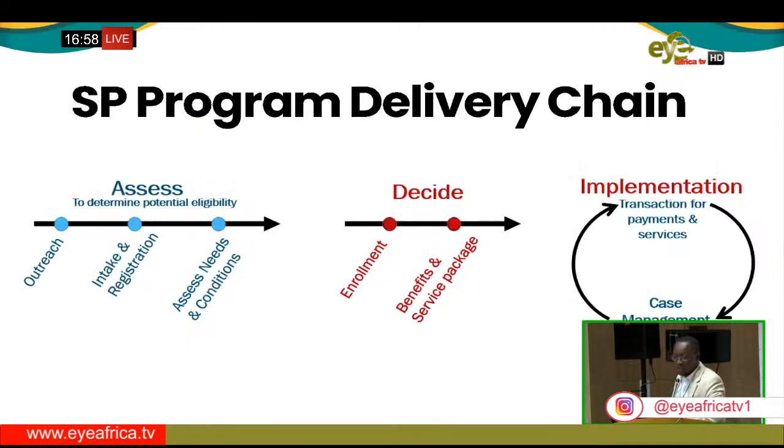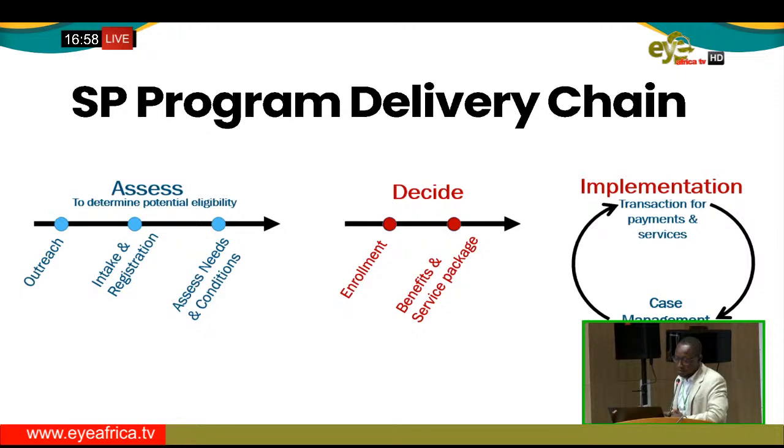Usually, most of those services follow a certain delivery chain, which starts with assessing the needs and conditions of those potential beneficiaries, so that out of the entire population, you'll be able to tell who actually is in need, and you can target your support to those people.